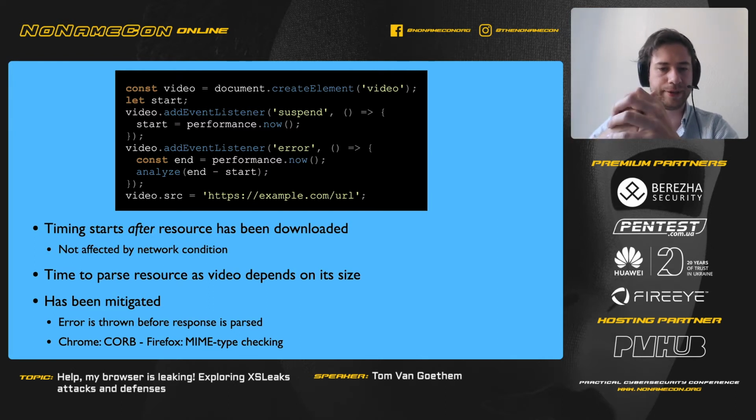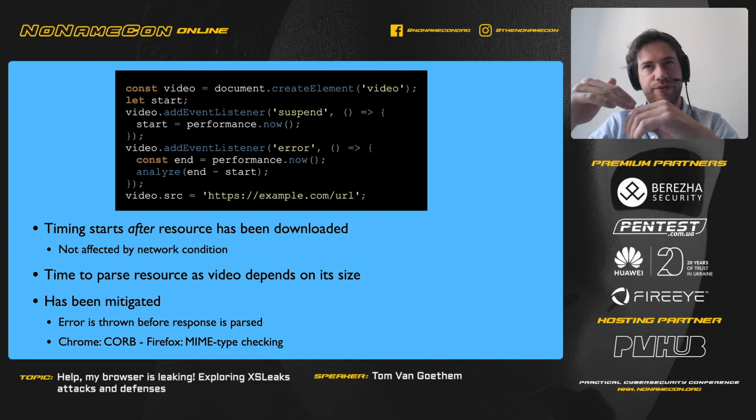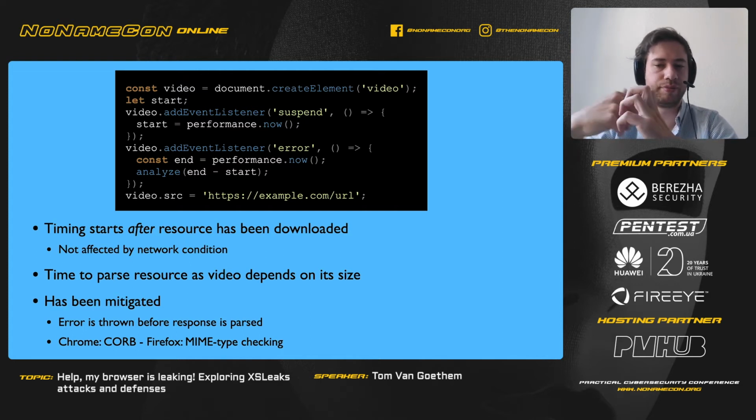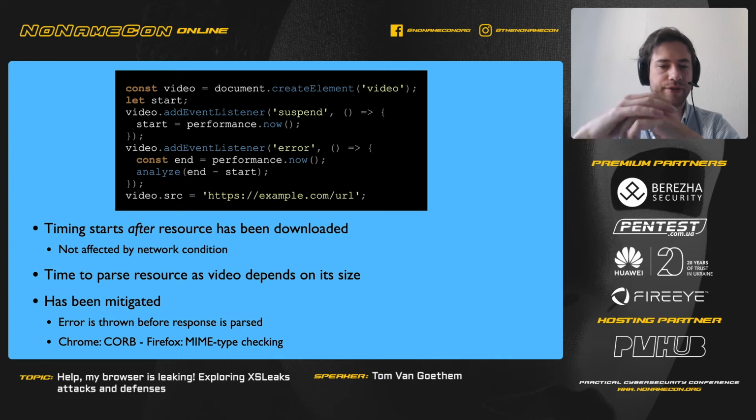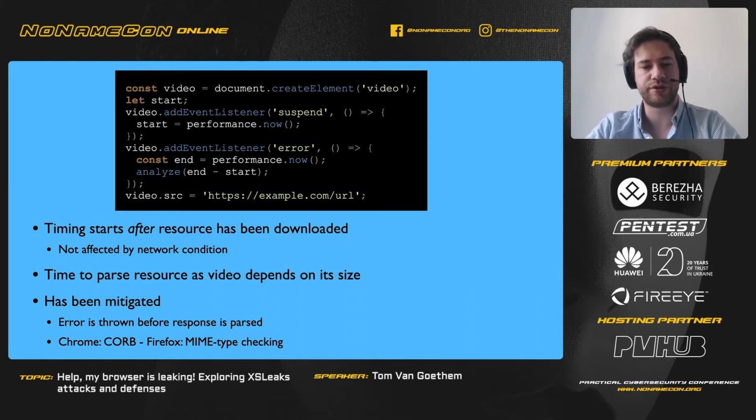And the error event will fire after the browser tried to parse this resource, which is not an actual video, as a video, and it will fail to do so, and it will throw this error event. So this means that the timing will start after the resource has been downloaded, which means that it's, of course, not affected by any network conditions.